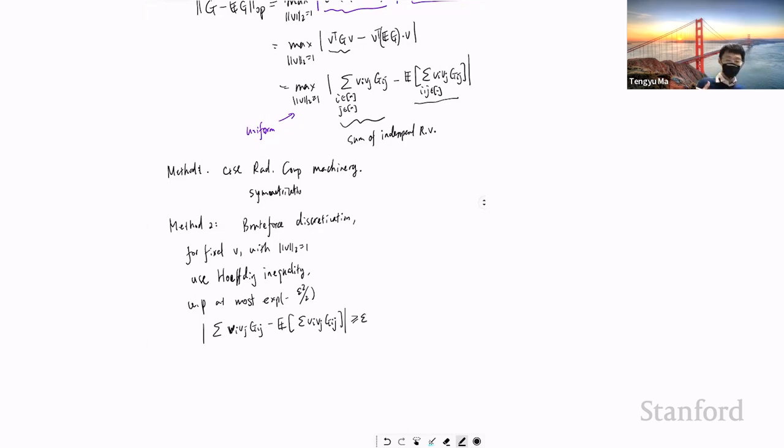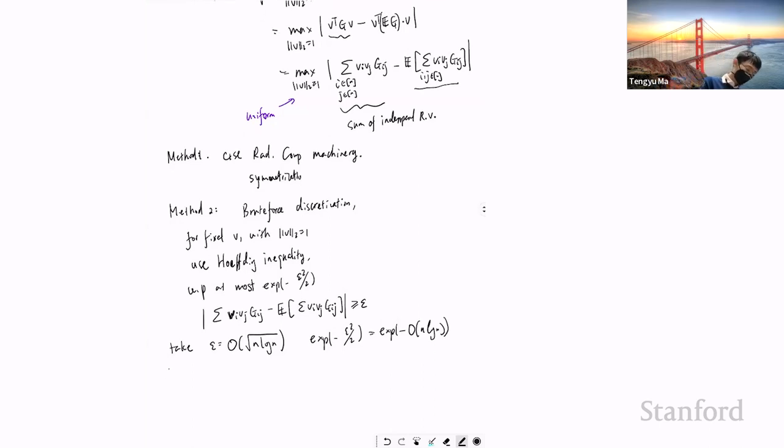So the probability that it deviates from expectation is at most exponential minus epsilon squared over 2. And then you take epsilon to be something like big O of square root of n log n, so that the failure probability, exponential minus epsilon squared over n, is something like exponential minus big O of n log n. This is a pretty small failure probability.